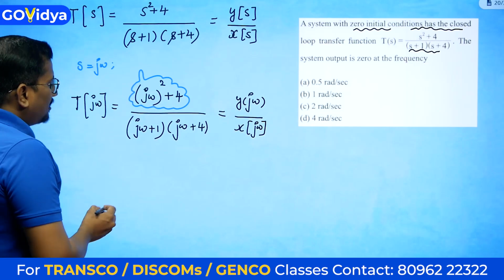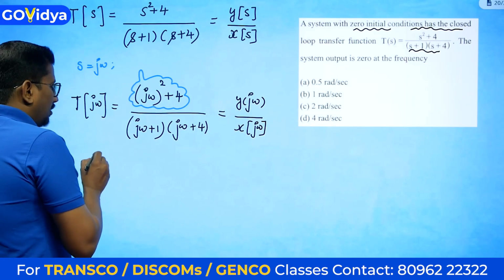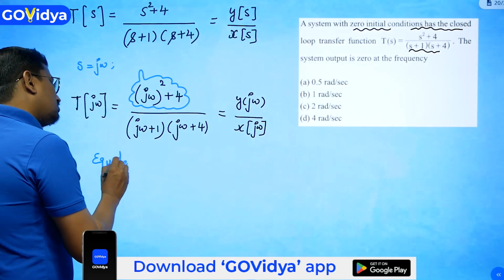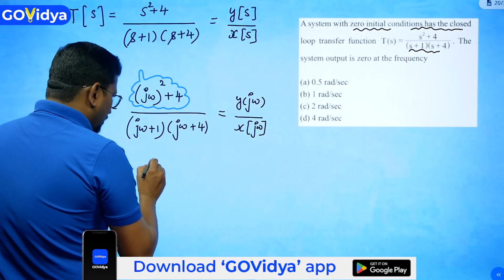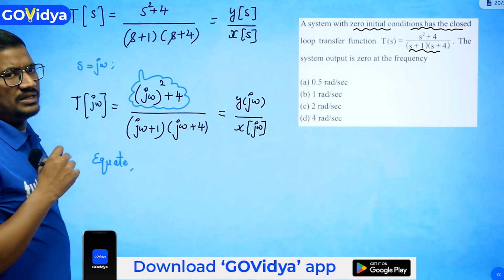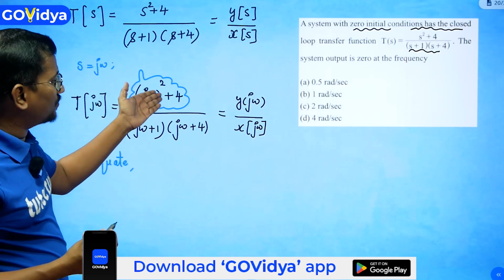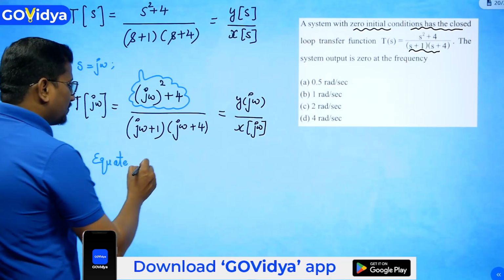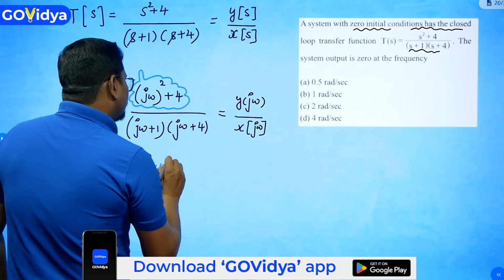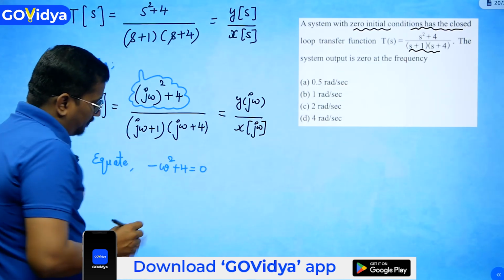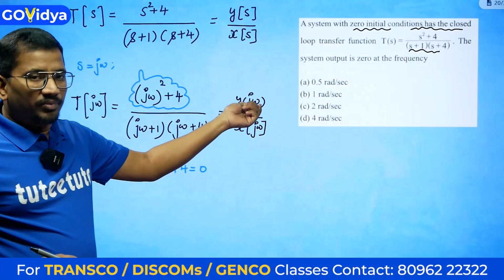So now can I say, equate the numerator to zero. What is j omega square? J square omega square. J square value is minus 1. Minus 1 into omega square, minus omega square plus 4 equals to 0. If this component is 0, automatically the output is 0.